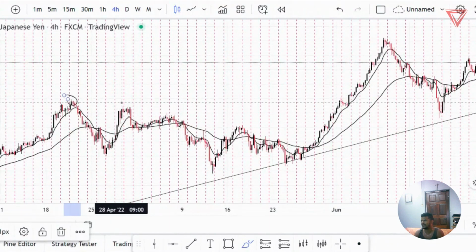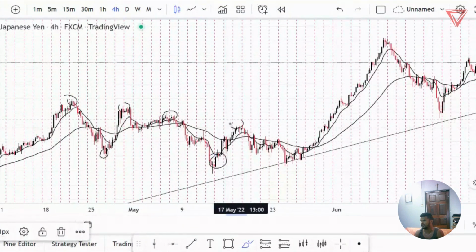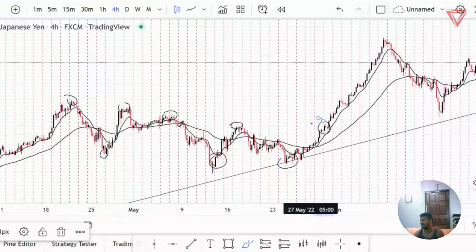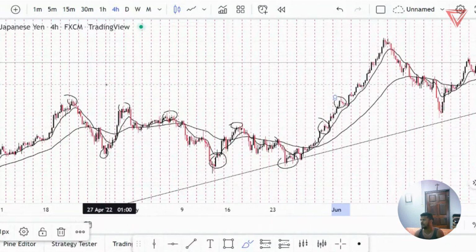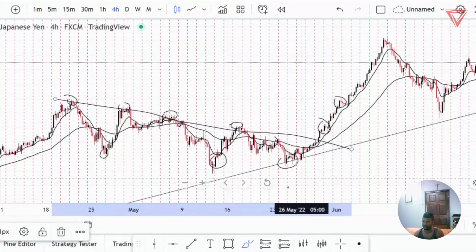You have a lower high, a lower low, a lower high again, a lower low, a lower high again, a lower low, and then all of a sudden you have a higher low, right? At least higher than this one. And then it keeps on going up. So now all of a sudden, this here has been broken.